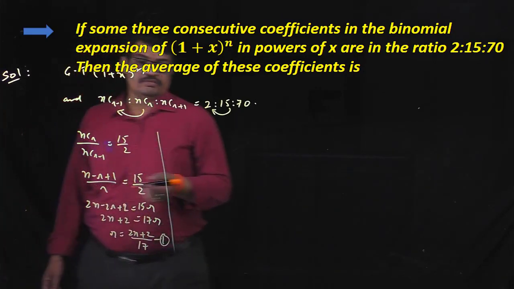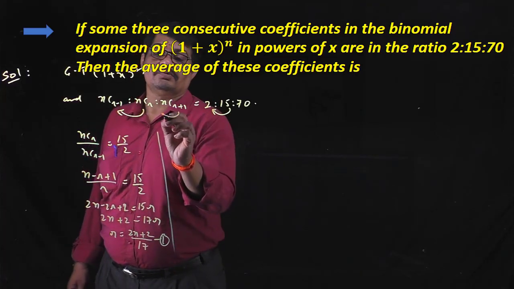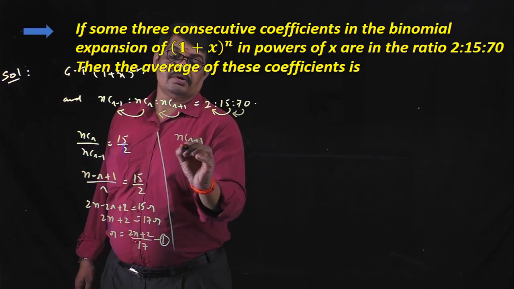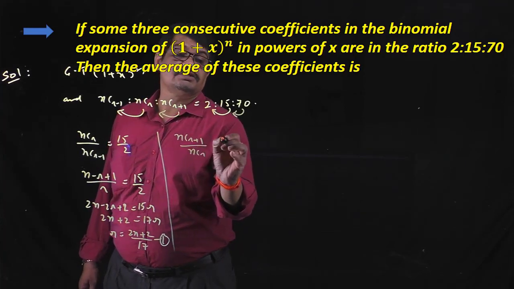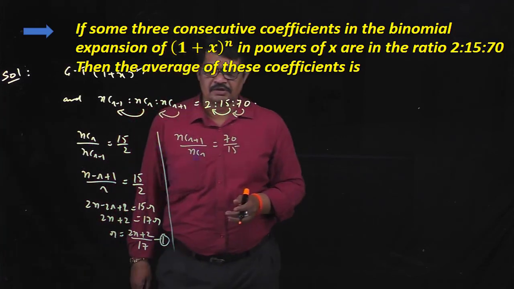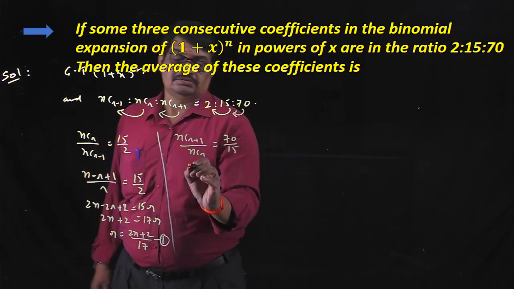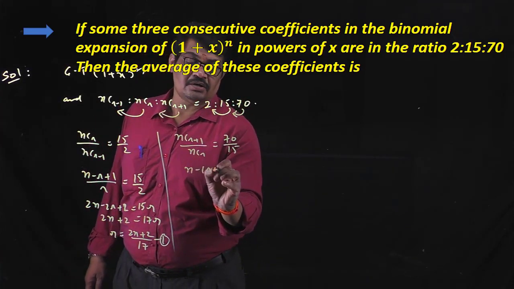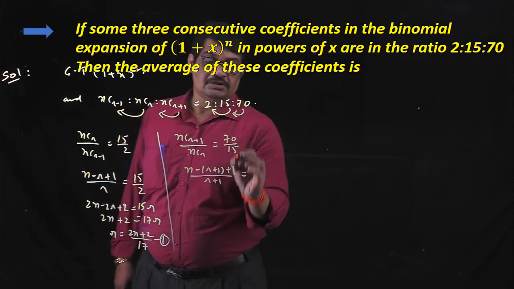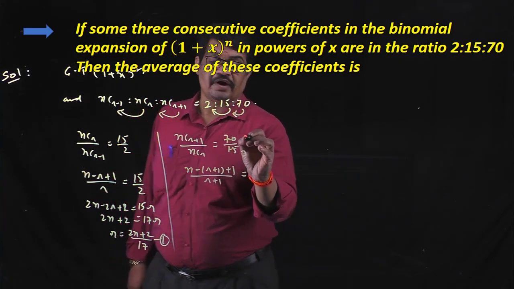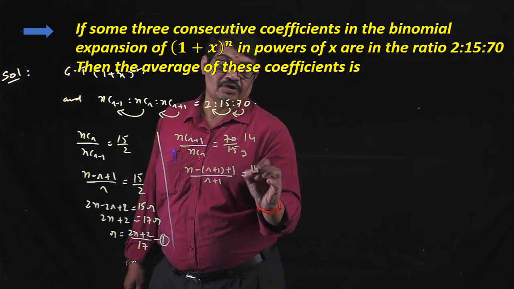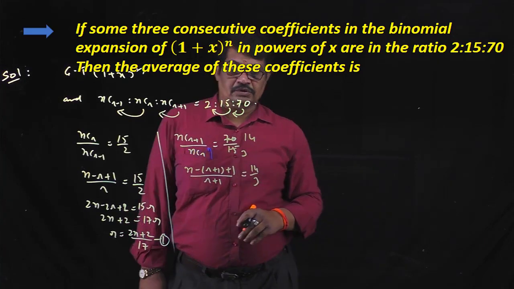Similarly, another we take these two, the next two. So here nCr plus 1 by nCr is equal to 17 by 15. Now using this formula, (n minus r plus 1) by r, here r is r plus 1. So that is 5 threes are 15, 5 ones are 5, 5 fours are 20, that is 14 by 3.